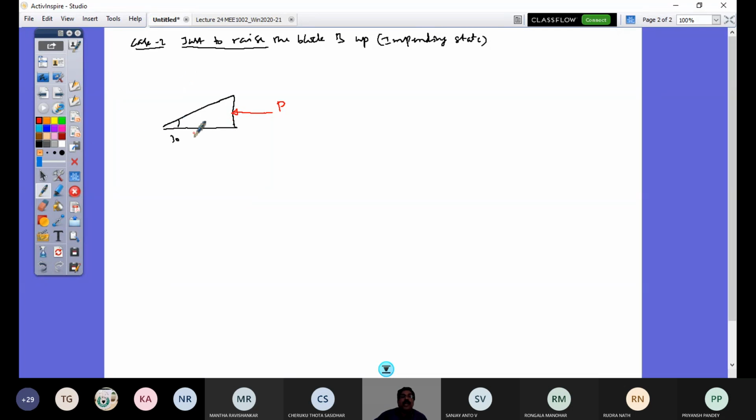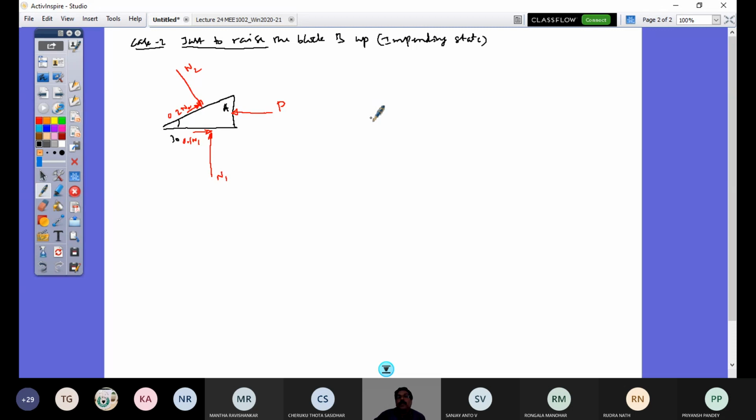So the friction force directions are, unlike the previous case, to the right now. And this is my N1. So this is N1, this is 0.1 N1. I can combine this. Similarly, this is 0.2 N2 and I have N2 here. So this is the free body diagram of wedge A.